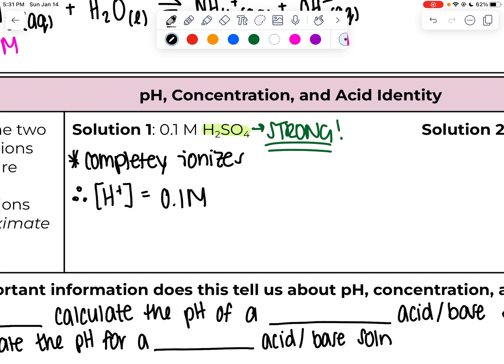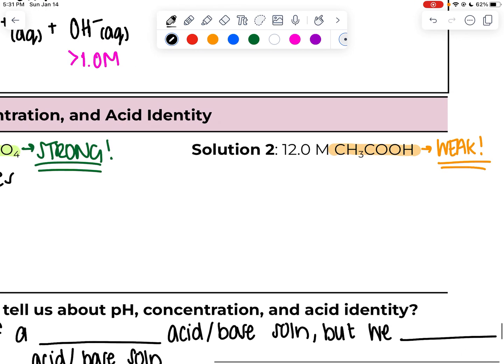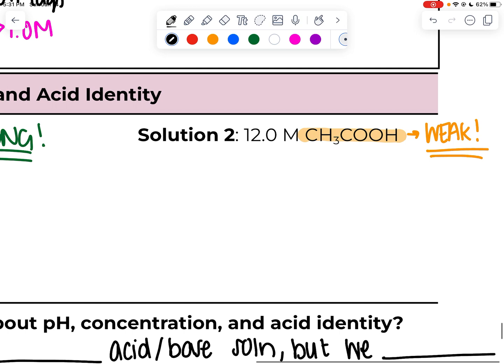If you know the concentration for sure, you should be able to determine the pH using the pH formula. So for this one, pH is equal to the negative log of the concentration of hydrogen ions. So our pH here is going to be 1. That's a very low pH, right?